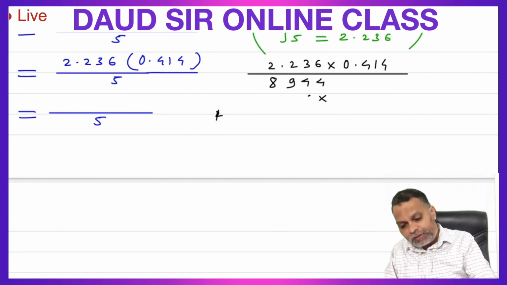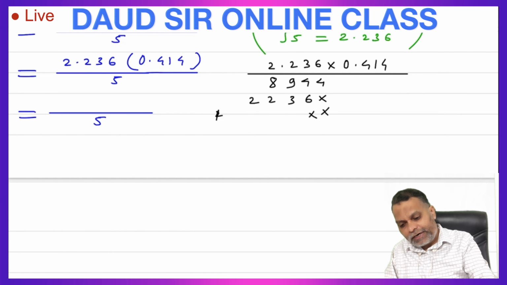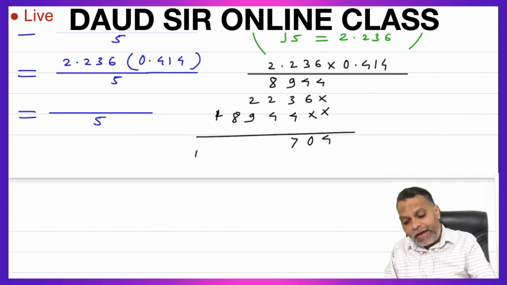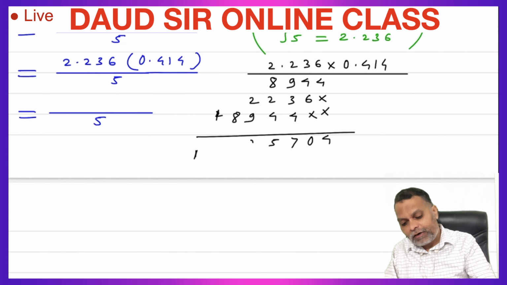Multiplying by 1: 6, 3, 2, 2, and multiplying by 4: 4 6s are 24, or you can write directly this, 4 4 9 8. Add them: 4, 4 plus 6 is 10, 1 carry over 1, 9 1s are 10, 10 plus 3 is 13, 13 plus 4 is 17, 7 carry over 1, 9, 8 plus 1 is 9, 9 plus 2 is 11, 11 plus 4 is 15, 5 carry over 1, 2 1s are 3, 3 plus 9 is 12, 2 carry over 1, 8 1s are 9.